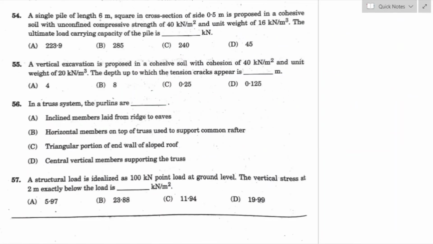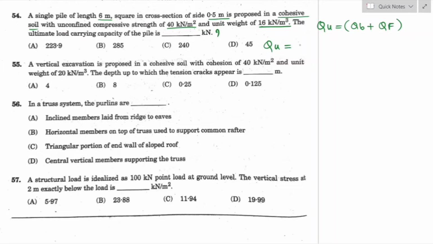Question number 54. A single pile of length 6 meters with a square cross section of side 0.5 meter is proposed in a cohesive soil with unconfined compressive strength of 40 kN per meter square and unit weight of 16 kN per meter cube. The ultimate load carrying capacity of the pile is. So we have to calculate the ultimate load carrying capacity of a pile, which is the sum of bearing capacity plus friction capacity.